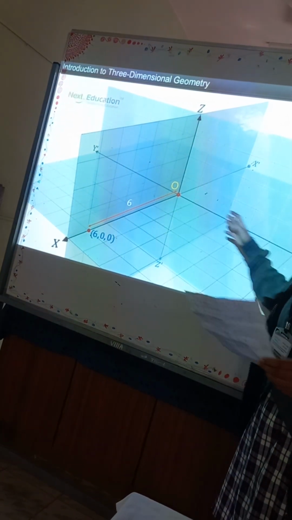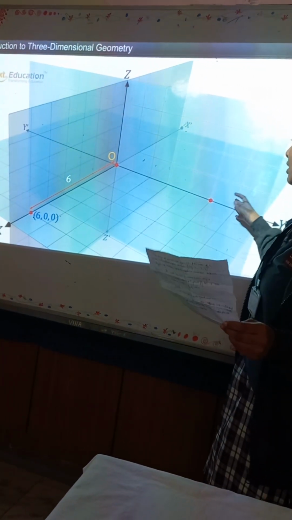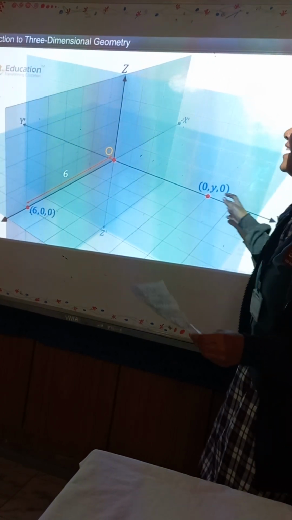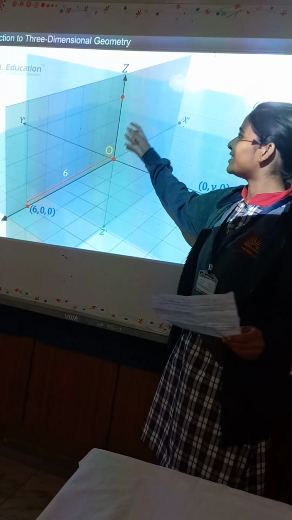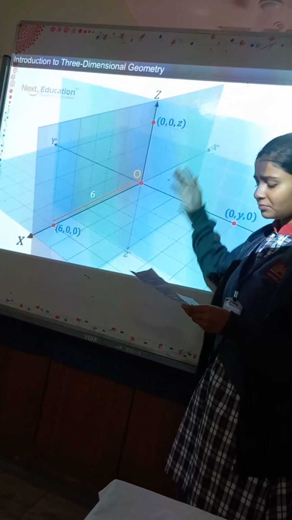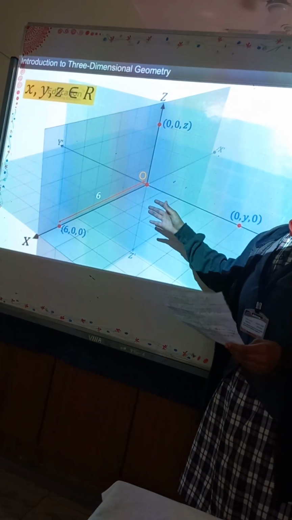Similarly, any point that lies on the y axis will have its coordinates in the form 0, y, 0, and any point that lies on the z axis will have its coordinates in the form 0, 0, z. And here x, y and z are real numbers.